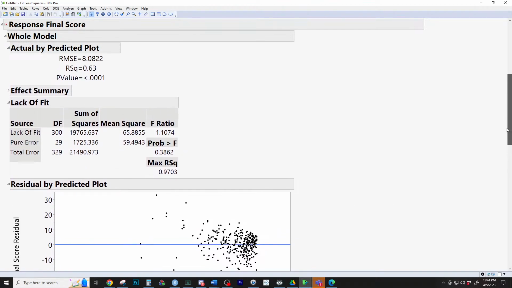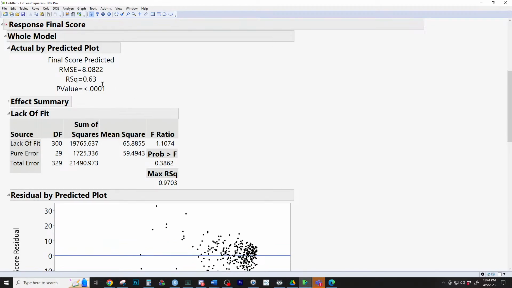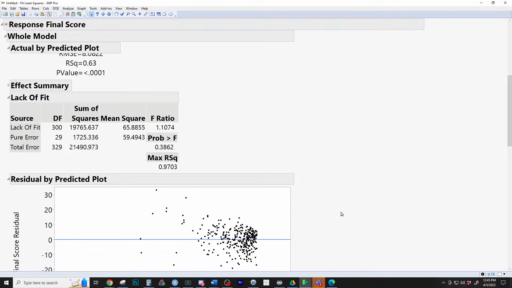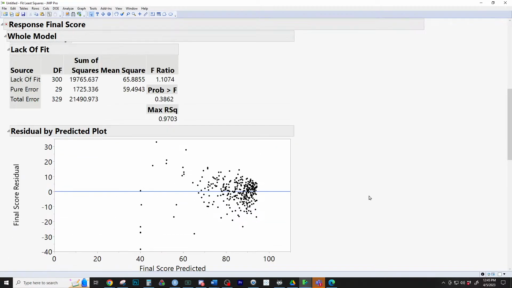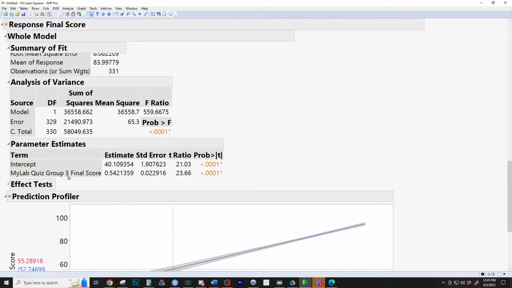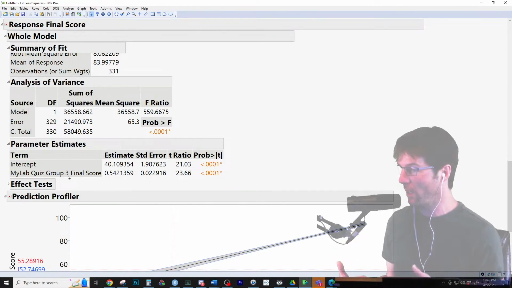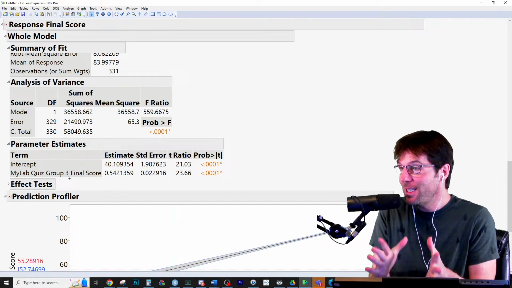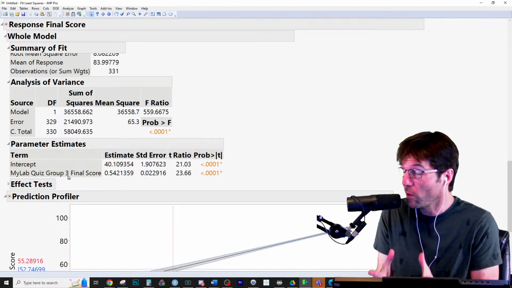That's not so good. What about this R squared right here? What do you notice about that R squared? 63% of the variation in your final score in the class is explained by quiz group 3. Quiz group 3, which is worth 6% of your grade, explains 63% of the variation in your grade.